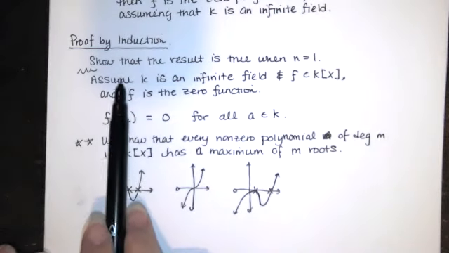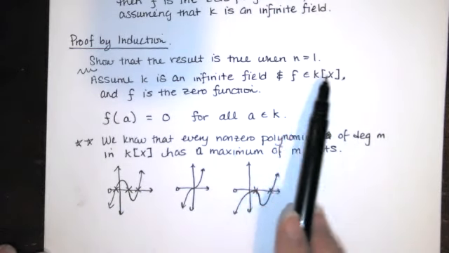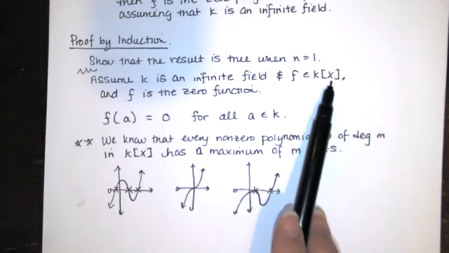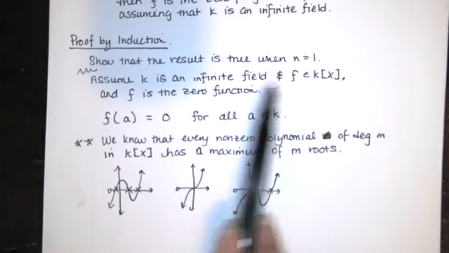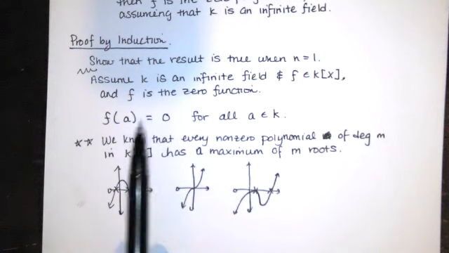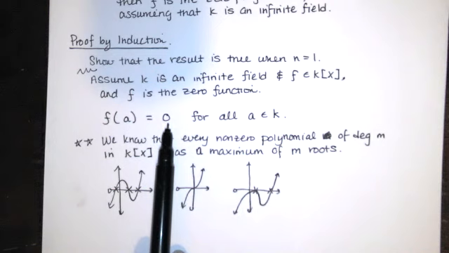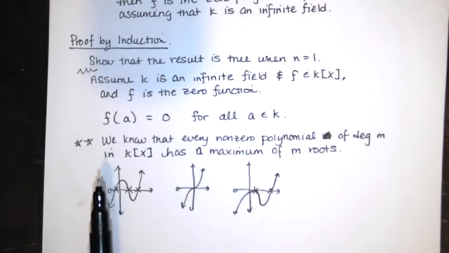Because this says that if we know that k is an infinite field, and f is a polynomial in a single variable x with coefficients in that field, and f is the 0 function, so that it does not matter what a is in that infinite field, we always get 0. Well, that means that this function f has infinitely many roots.